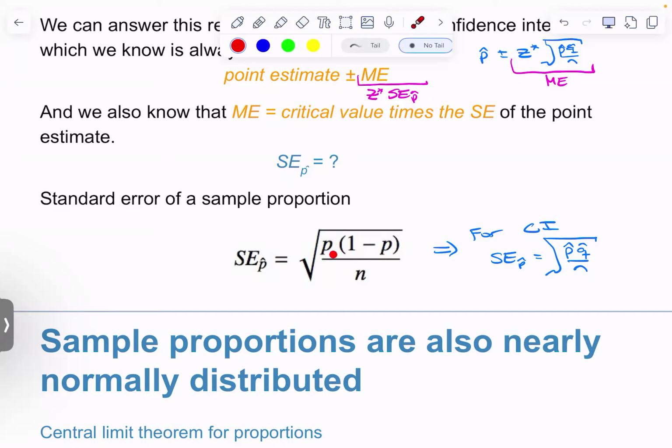Ideally, if we knew what p is, but we're trying to figure out what p is, so we don't, so we use our next best thing, our p hat. That's my point estimate for p, my best guess at what it is. And so I replace my p's with p hats.